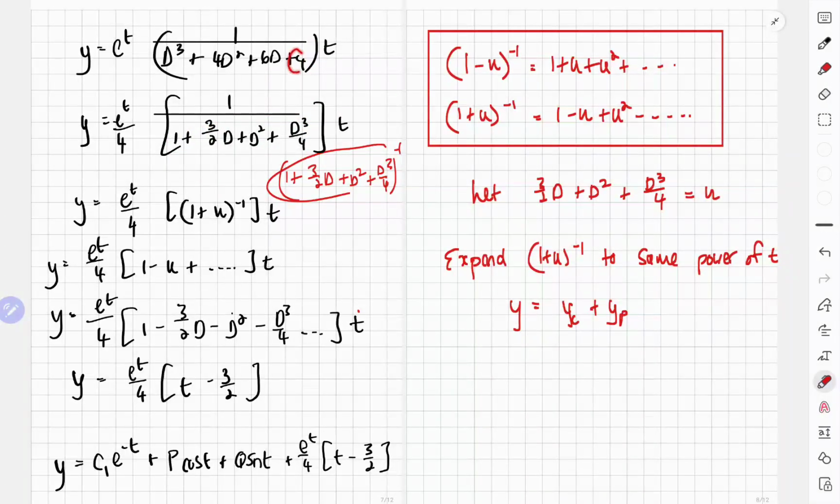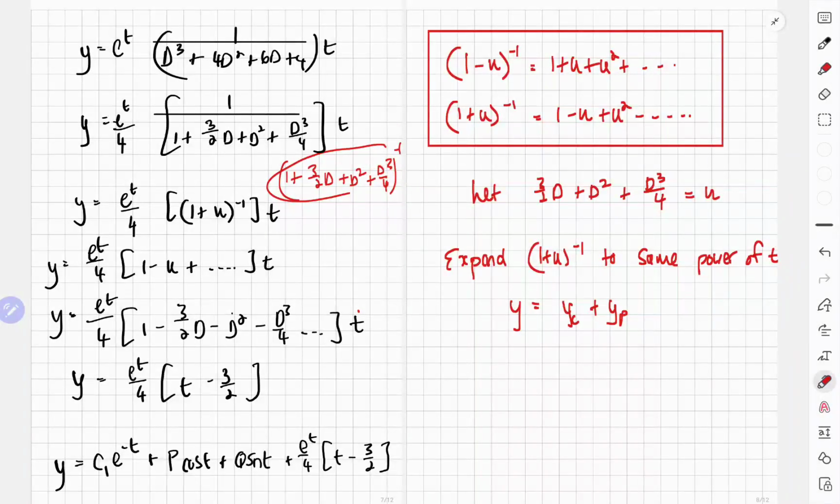So remember, you need a 1 there, so I've taken out 4 as a common factor. So I have 1. If I divide there by 4, 6 over 4 is 3 over 2. Always simplify in maths. And then 4 divided by 4 is 1D squared, and then D cubed divided by 4.